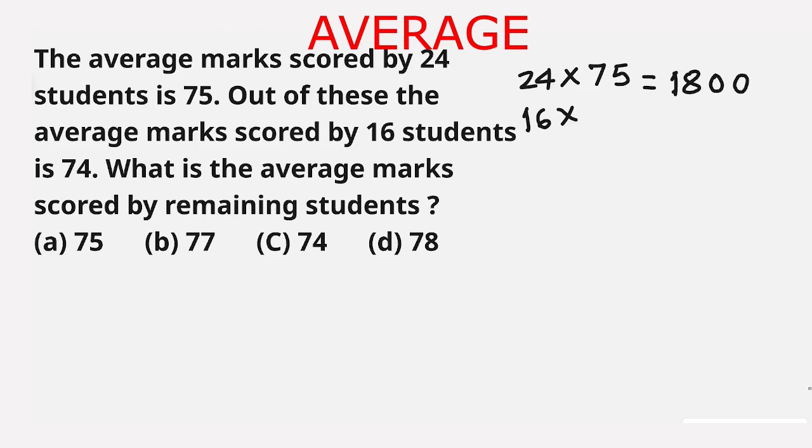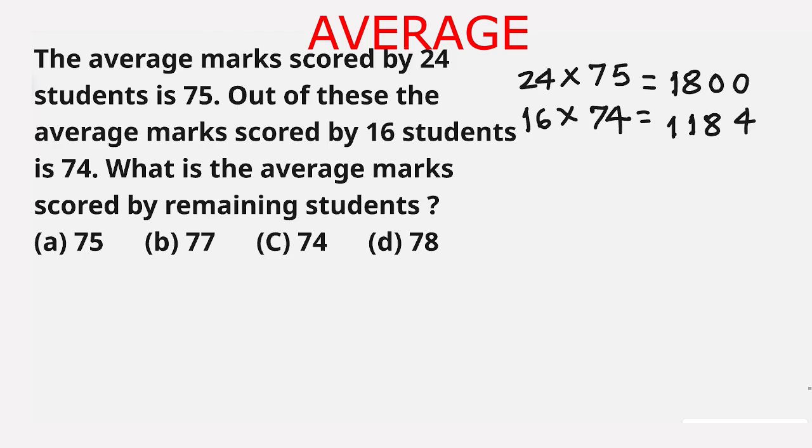So the total marks scored by 16 students is 16 multiplied by 74. 16 times 4 is 64. We write 4 and carry 6. 16 times 7 is 112. 112 plus 6 is 118.